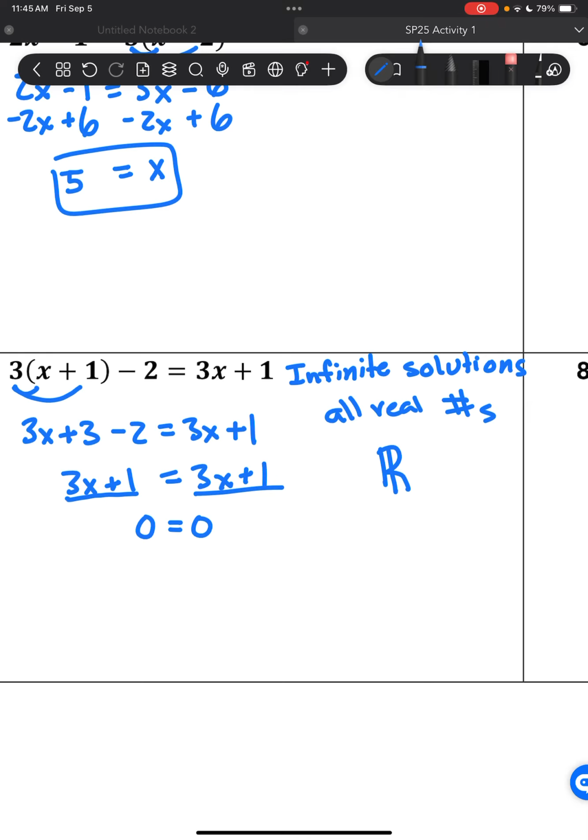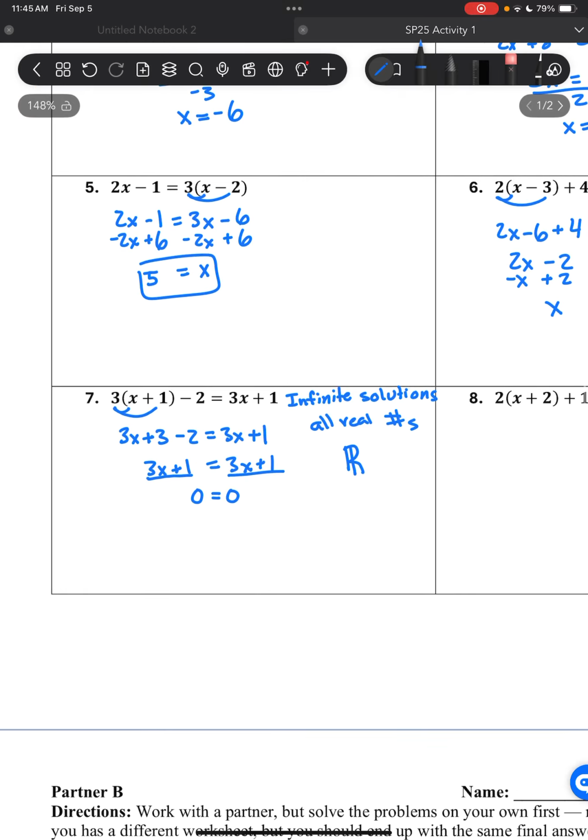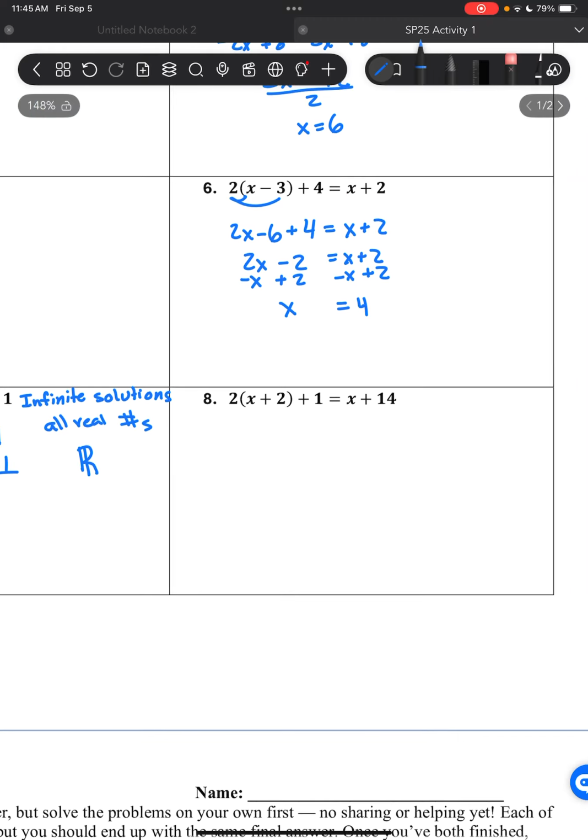That means all real numbers. So it's not like no solution or anything like that because you have a 0 equals 0. This is by saying any input you put into one side, you're going to get the same answer no matter what. So that's why it's infinite or all real numbers.